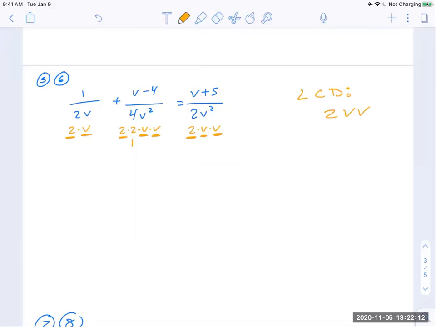All I know is I'm left with this 2 here in the middle. So my LCD is 2 2 V V, which in reality is going to be 4V squared. So multiply everything by that.